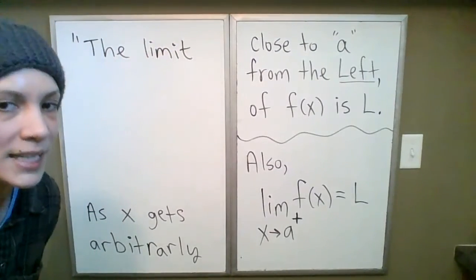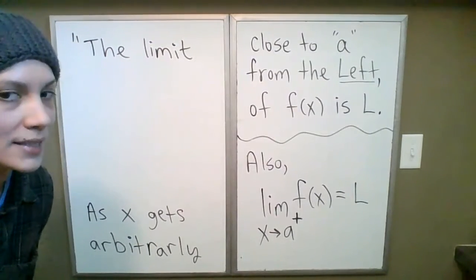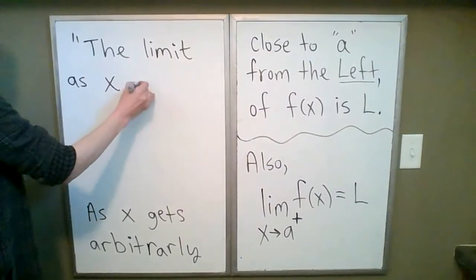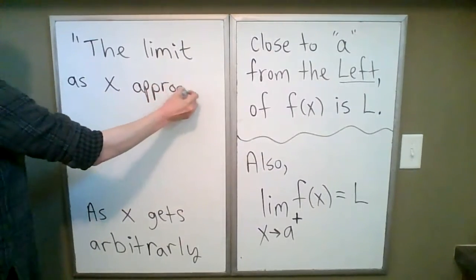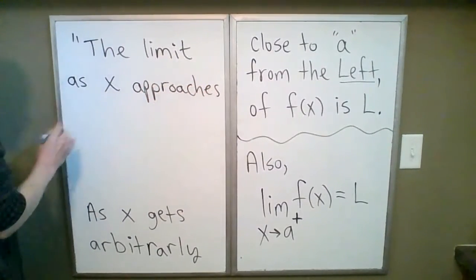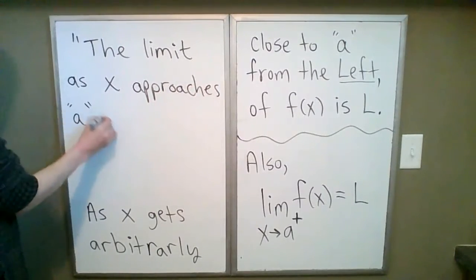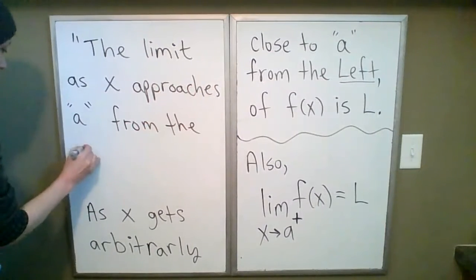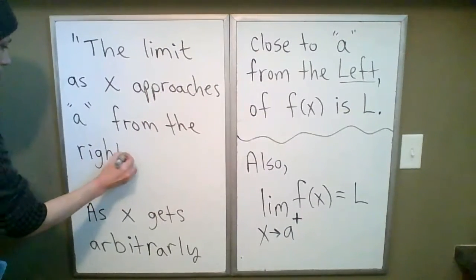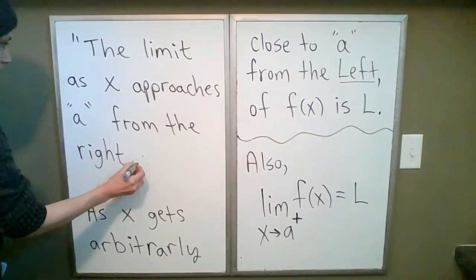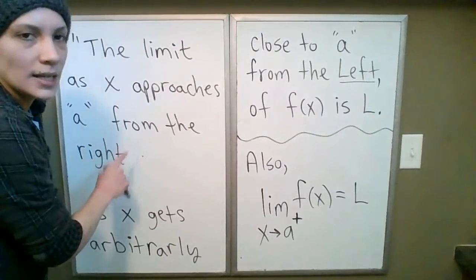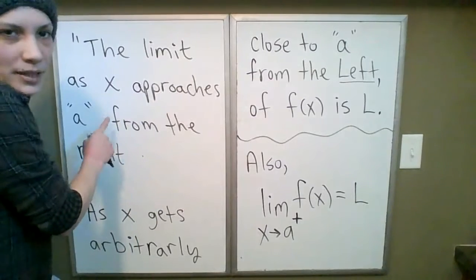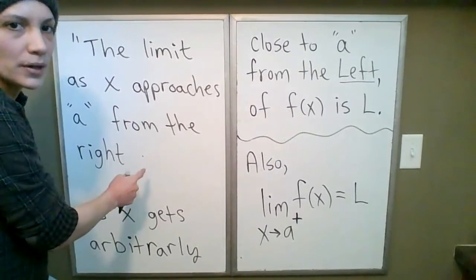And again, the limit as x approaches a from the right. So it's not from the right of f of x, it's approaching a from the right. So maybe it would help to put parentheses around the from the right part.